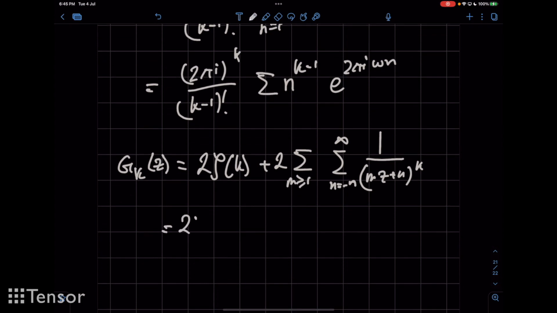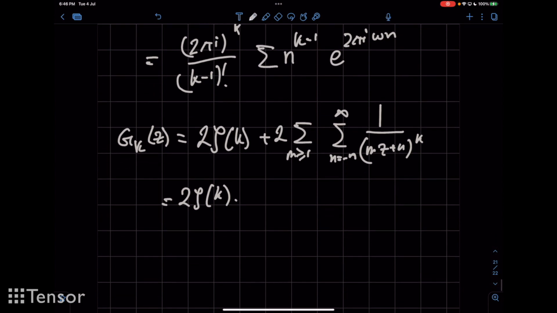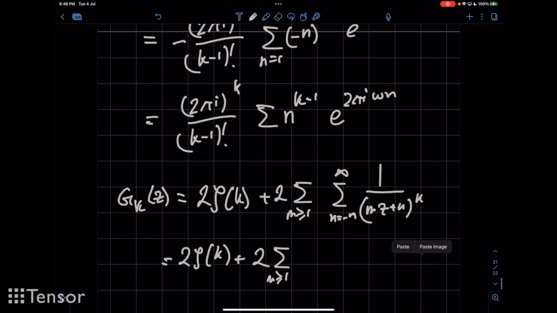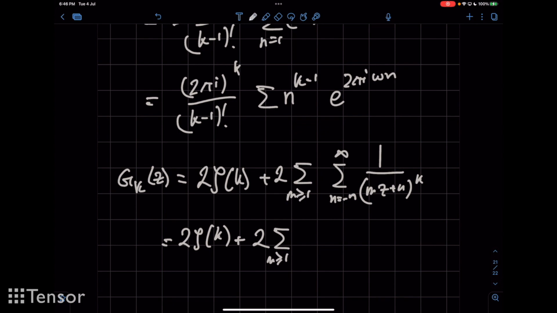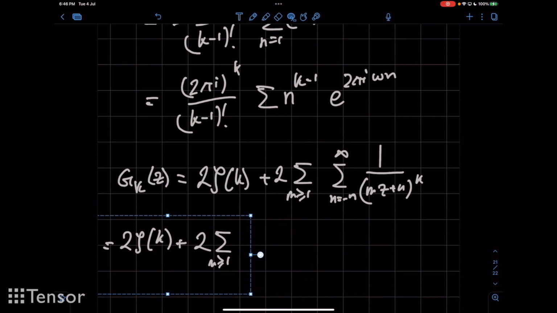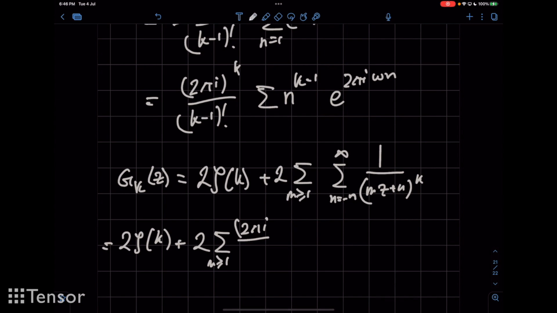Plus 2 times the sum over m greater than 1 of, yeah, this is a really long one, (2 pi i) to the k over (k minus 1) factorial, and then we have a sum.